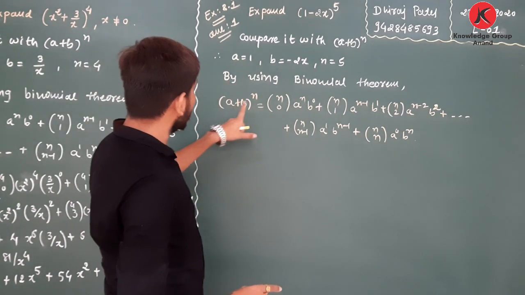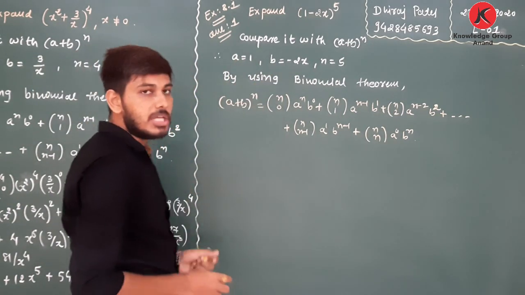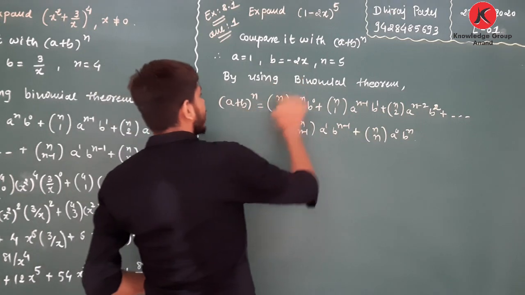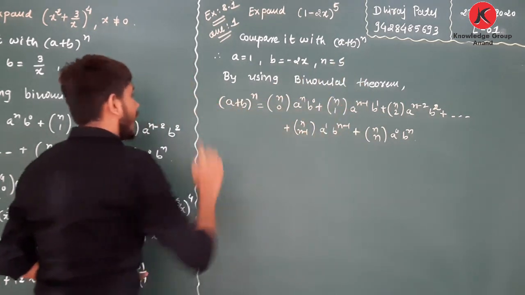Put the value of a equals 1, b equals minus 2x, and n equals 5.